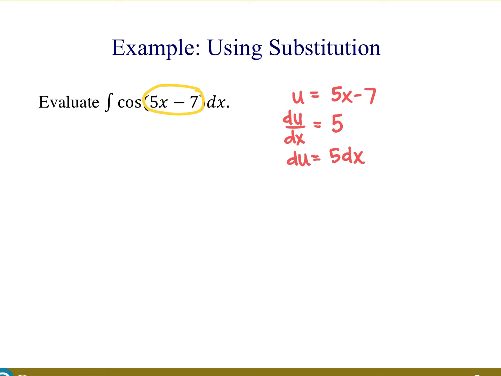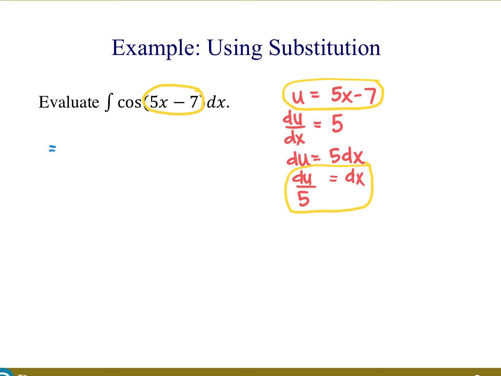I need to go one step farther here and find out what dx is by itself. So dx by itself is du divided by 5. So the substitutions I'm going to make are the original u substitution, and a substitution for dx being equal to du over 5.